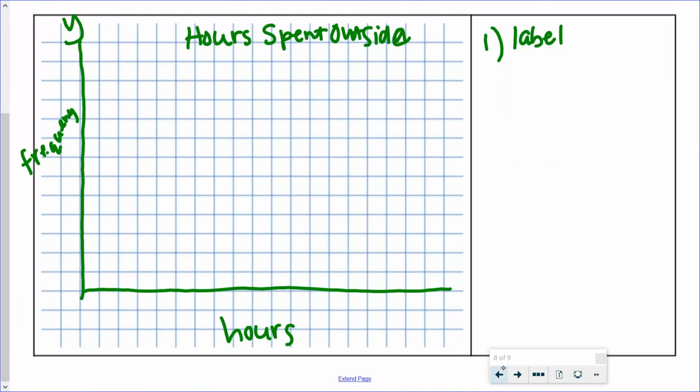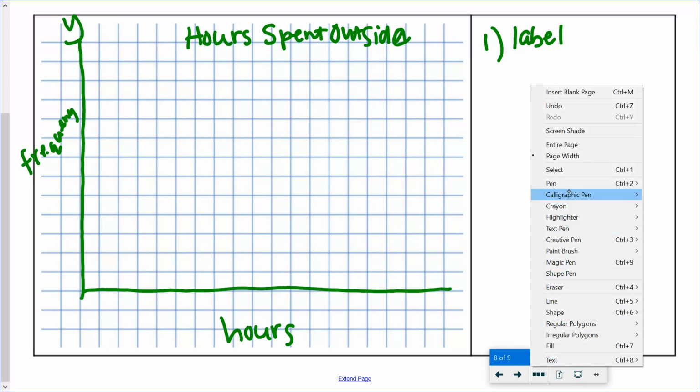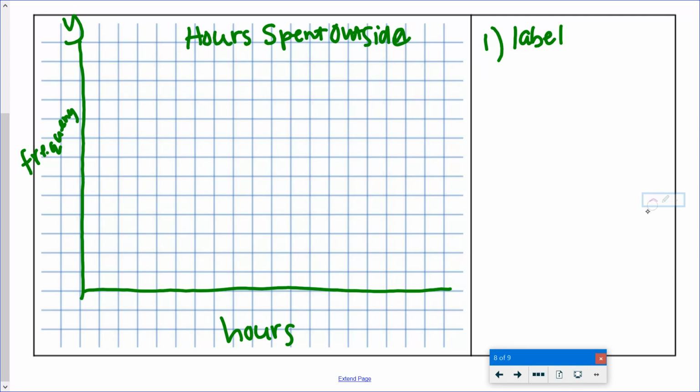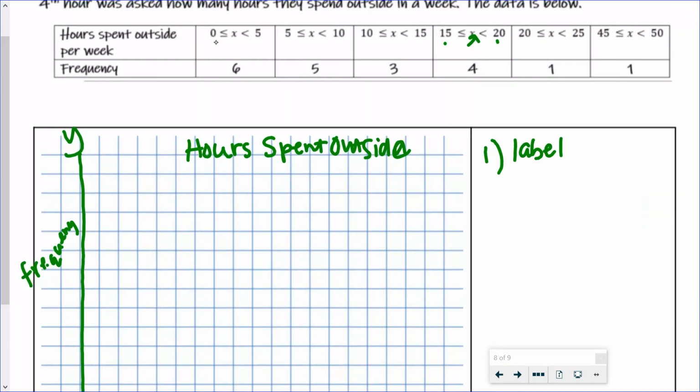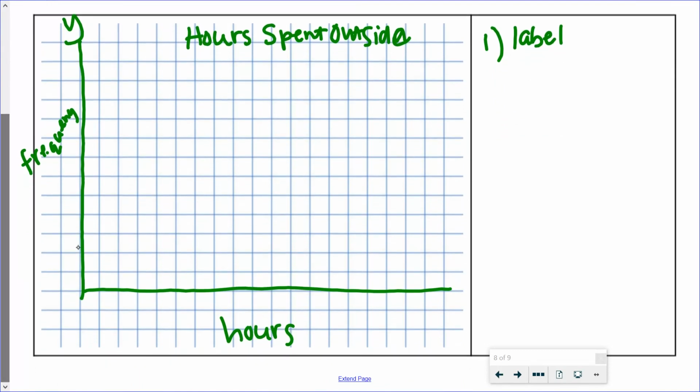So my first step was to label. My next step is I'm going to mark my groupings. So it looks like I'm counting by 5. 0 to 5, 5 to 10, 10 to 15, 15 to 20, 20 to 25, and then we're going to skip a little bit and go from 45 to 50. But each of those groups are the same distance.